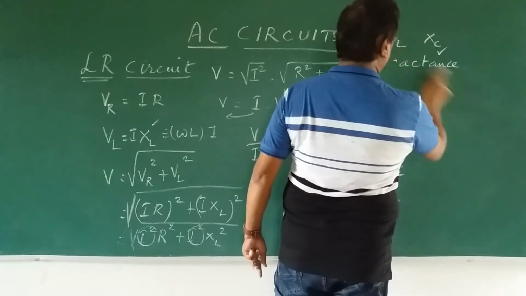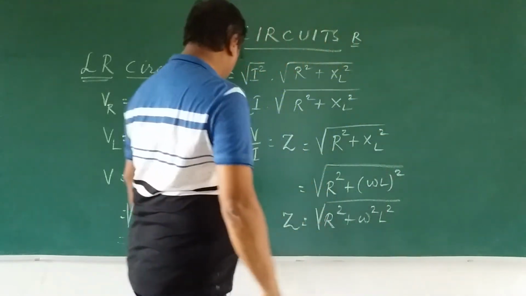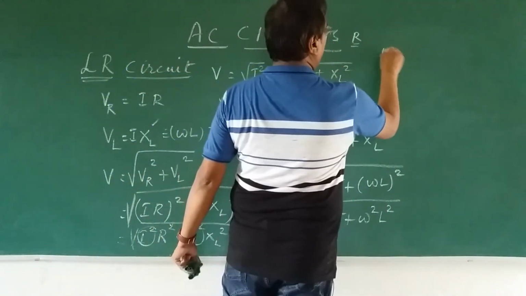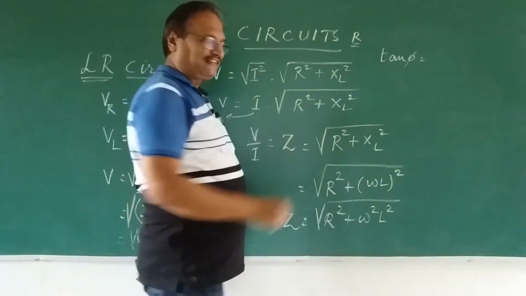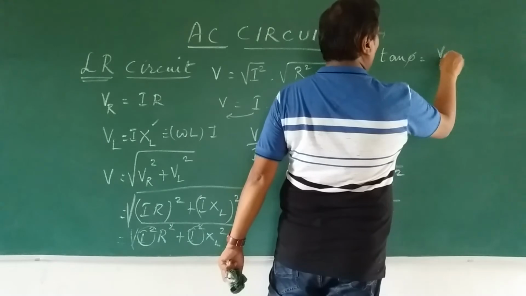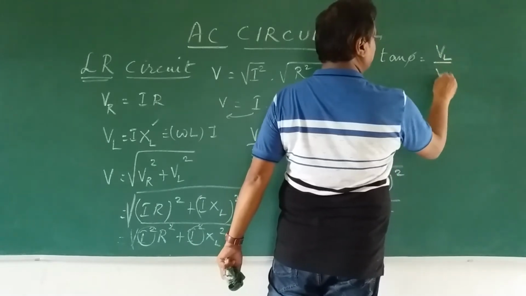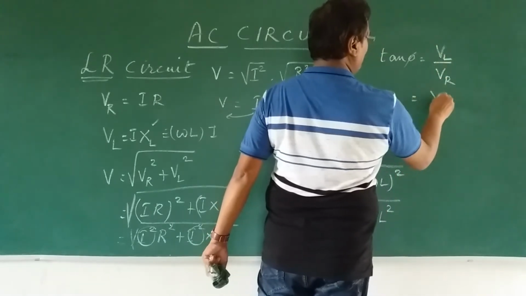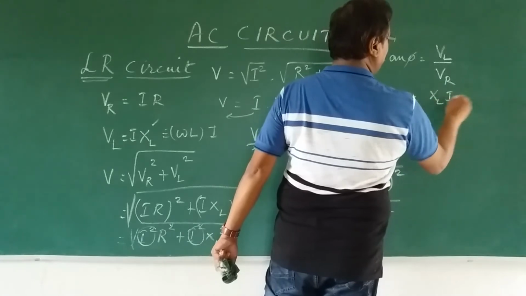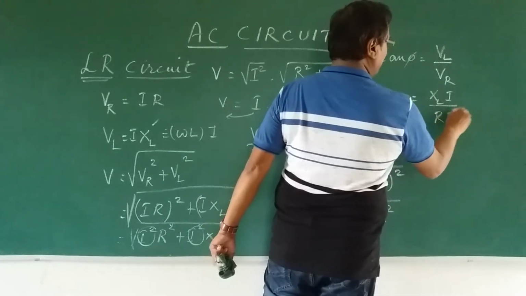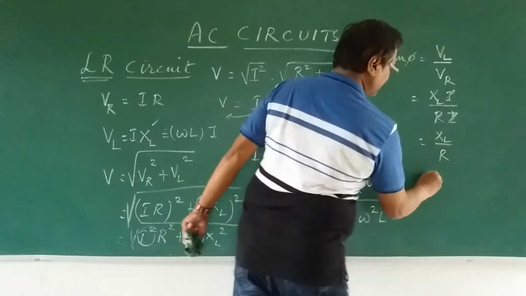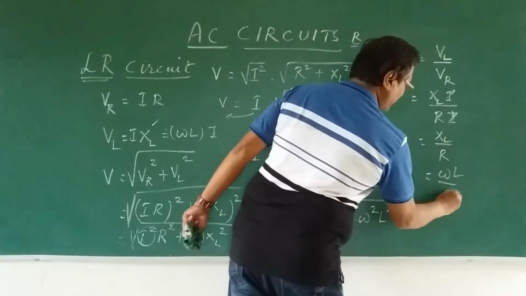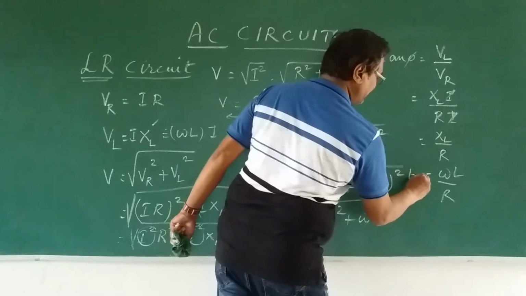Now I will try to find this angle phi. Tan phi, looking at the diagram I drew, is VL, the opposite side, by VR, the adjacent side, which is equal to XL I upon R I. I gets cancelled, so XL upon R, that is omega L upon R. This is tan phi.